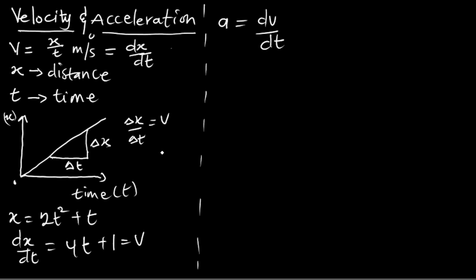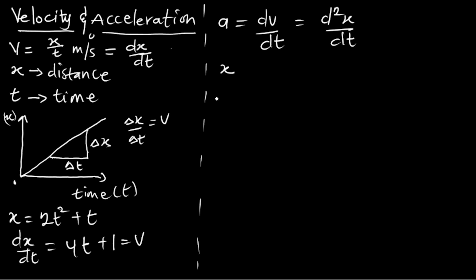That means after getting our velocity, the differentiation of the velocity now becomes our acceleration, which is the same as the second derivative of the distance equation. Remember, dx/dt is the first derivative of the distance x, and the second derivative now becomes our acceleration.